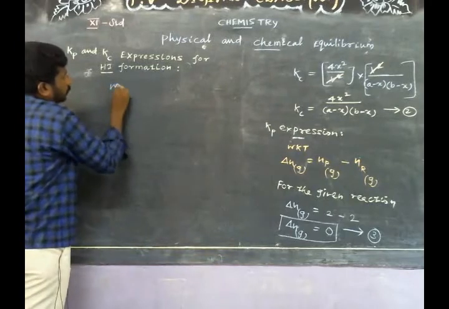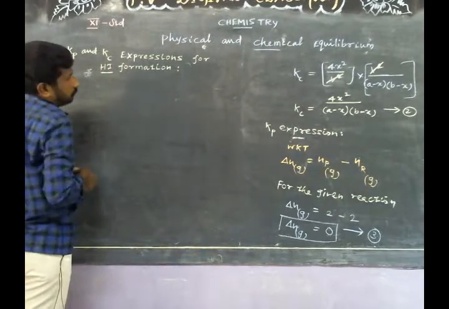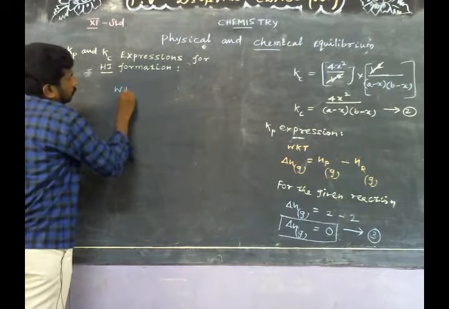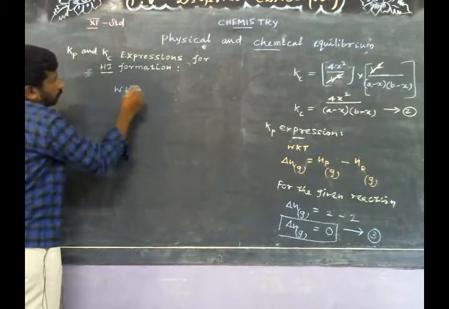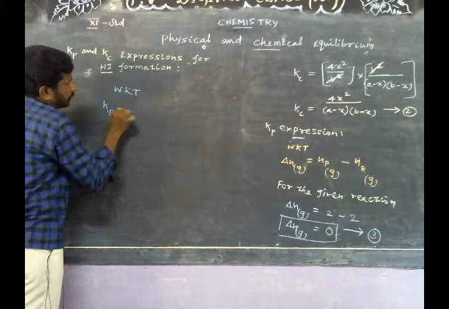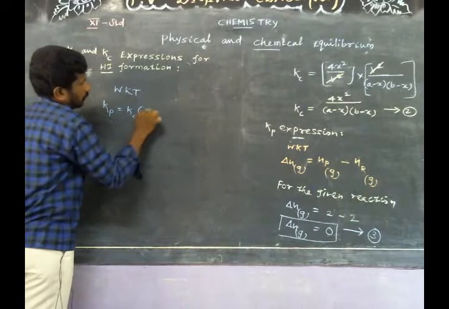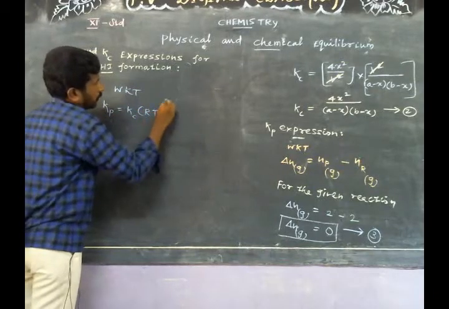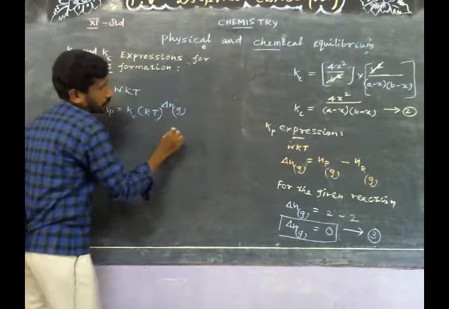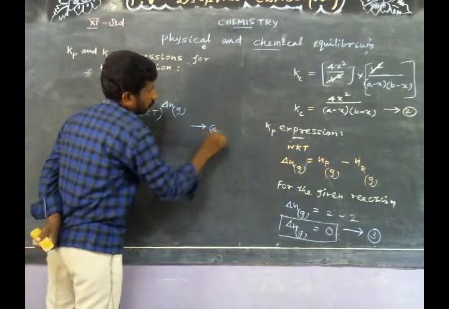For the given reaction, delta Ng value is equal to 0. We know that Kp is equal to Kc into RT whole to the power delta Ng. This is equation number 4.